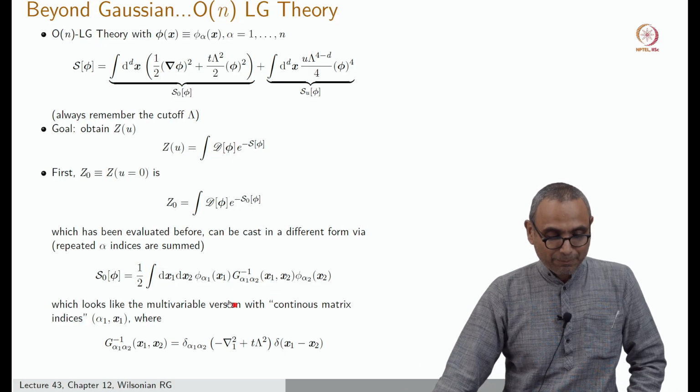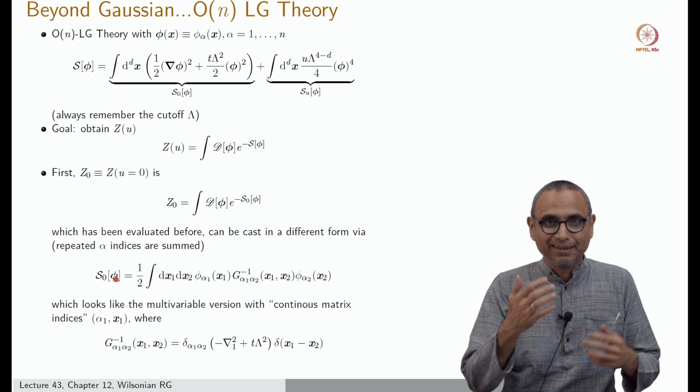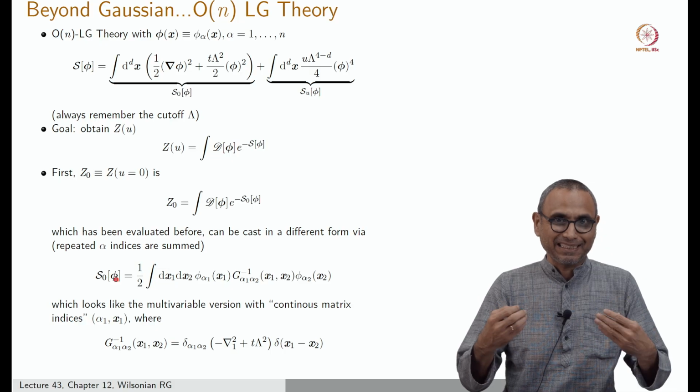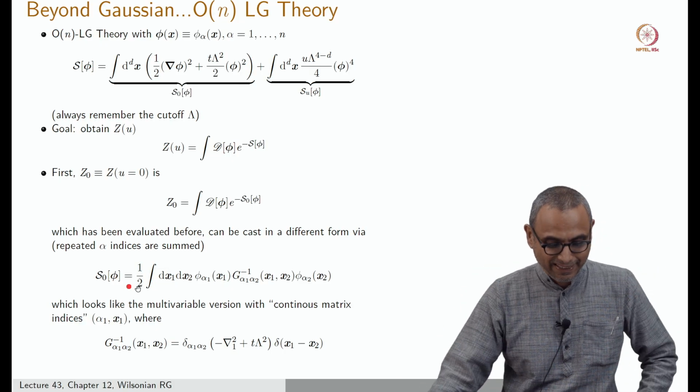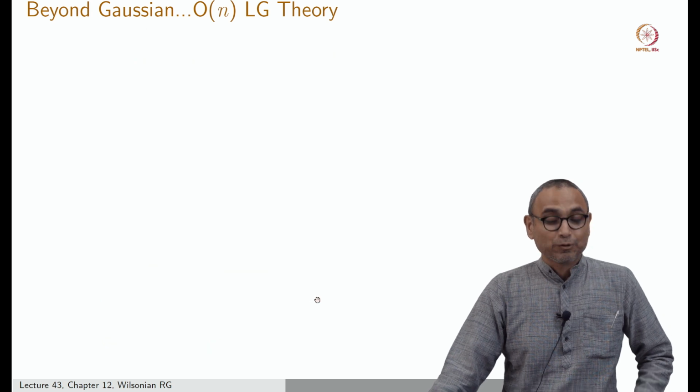So what I am trying to impress upon you is that this has exactly the same form as the multidimensional problem that we studied, except that the multidimensionality is in some sense a continuous index, right? Okay, so that's the idea.